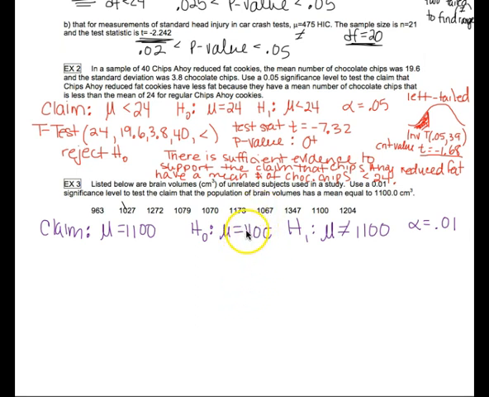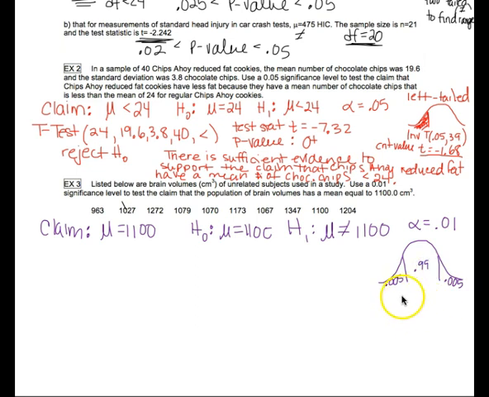So if I am finding my critical values, to use that method, I know that because it's a not equal that this is two-tailed, so my alpha needs to get split between both sides. So 0.01 divided by 2 is 0.005 on both sides, which means that there's 0.99 in the middle.